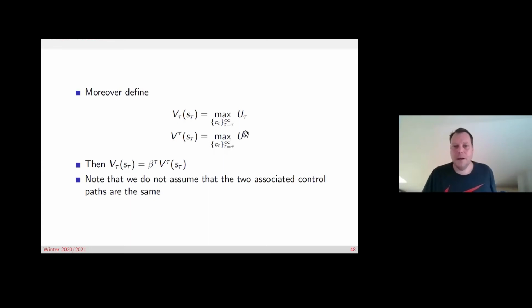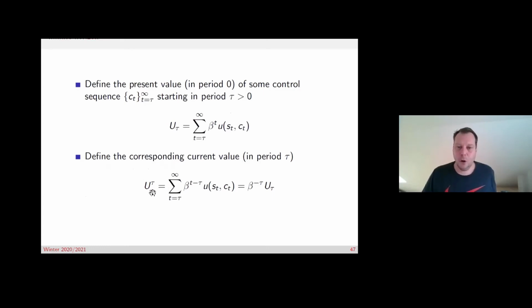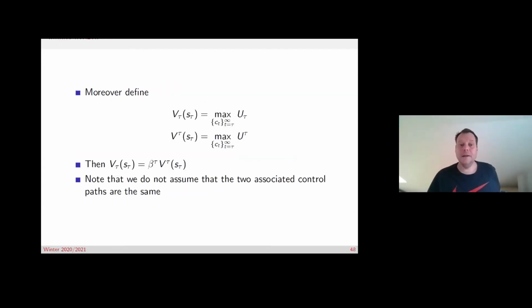Okay, so these are just the values. But since I have the relation between these objectives, that they just differ due to the discounting, I could plug this in here, right? And using this, I could write down a relation between the optimal value of the path, say in the future, valued from today, compared to the optimal value starting from the future.